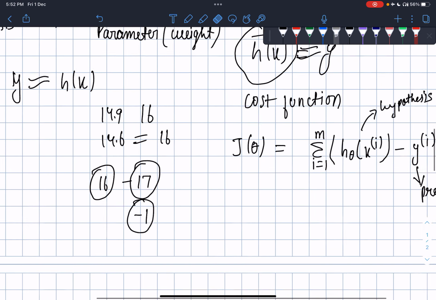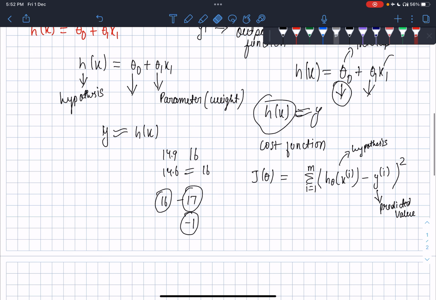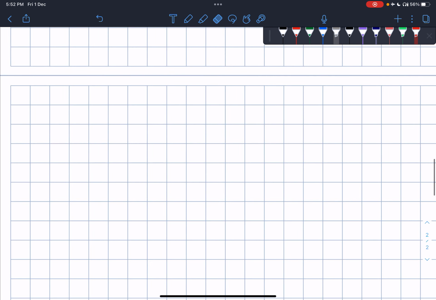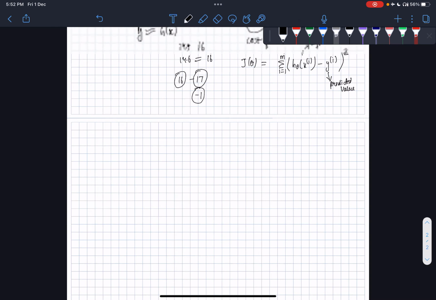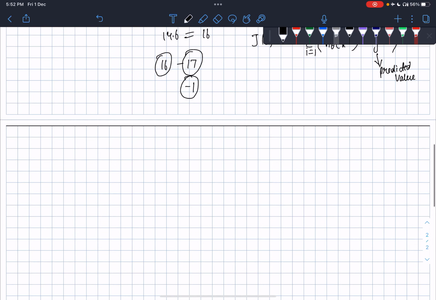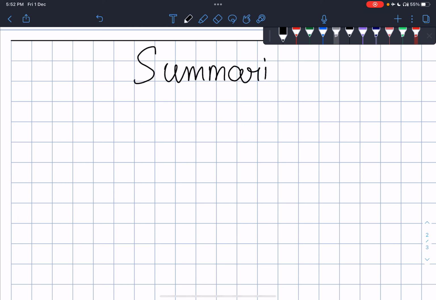Let's summarize what we have learned till now. We have a function called the hypothesis function, in which we input x.